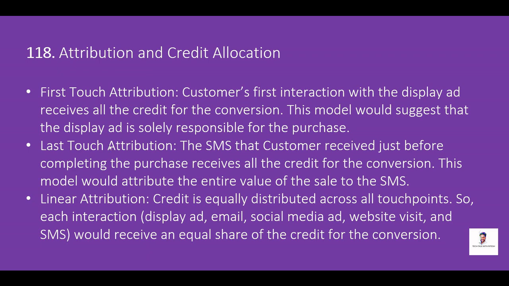That is first touch attribution. Last touch attribution, the SMS which we triggered to the customer that there is a limited time discount. That SMS that the customer received just before completing the purchase receives all the credit for the conversion. This model would attribute the entire value of the sale to the SMS.